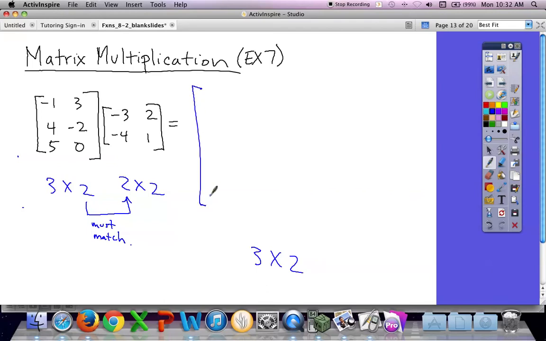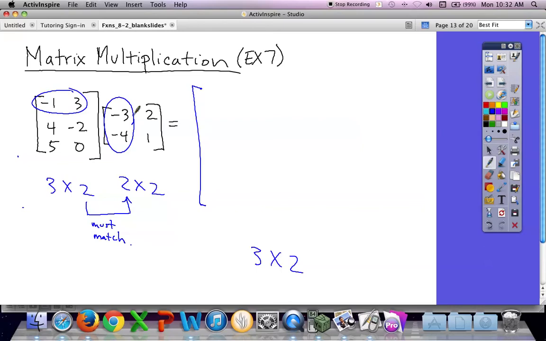So in order to fill in the first row, first column in the result matrix, you use the first row in the first matrix, this here, and the first column in the second matrix, and you're going to go like this.